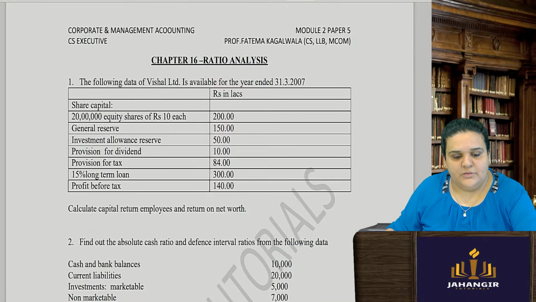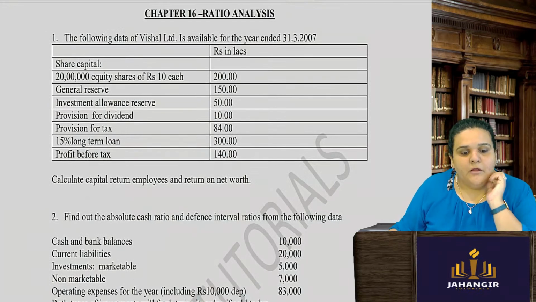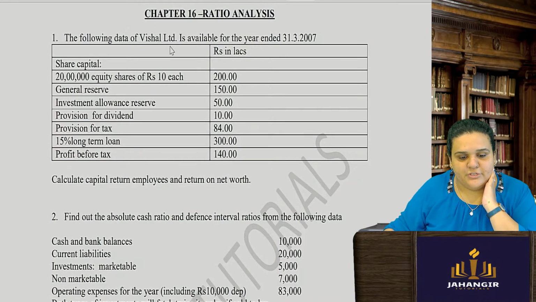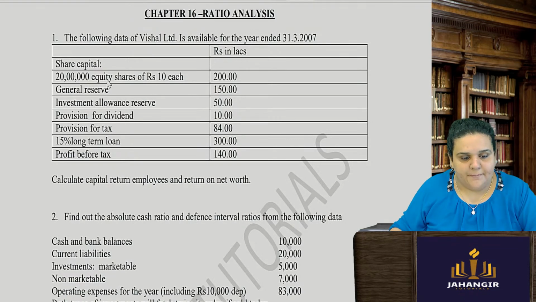Chapter 16, ratio analysis. Let's read the question first. The following data of Vishal Limited is available for the year ended 31st of March 2007. Share capital, rupees in lakhs: 20 lakh equity shares of rupees 10 each, 200. General reserve 150 lakhs. Investment allowance reserve 50 lakhs.